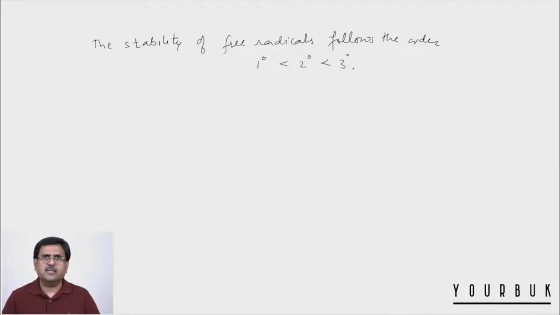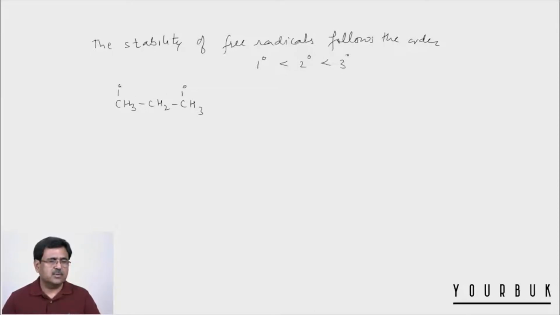So whenever your reaction follows a free radical mechanism, you always keep in mind the stability of the free radical. Now in case of propane, if you see the propane again, this CH3 carbon is called a primary carbon because this carbon is attached to one other carbon.